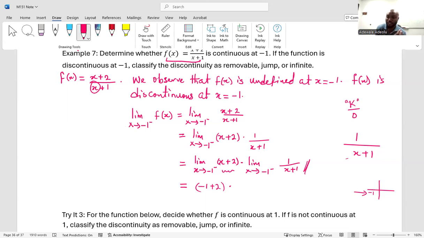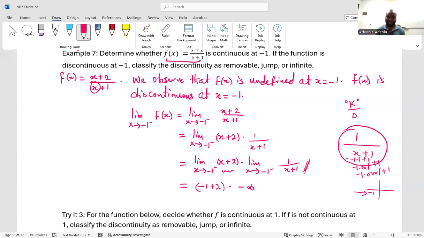Say, for example, you are picking -1.1, or -1.001, -1.0001, and so on, and you're adding 1 each time. So you would see that you are getting something of this nature, -infinity.